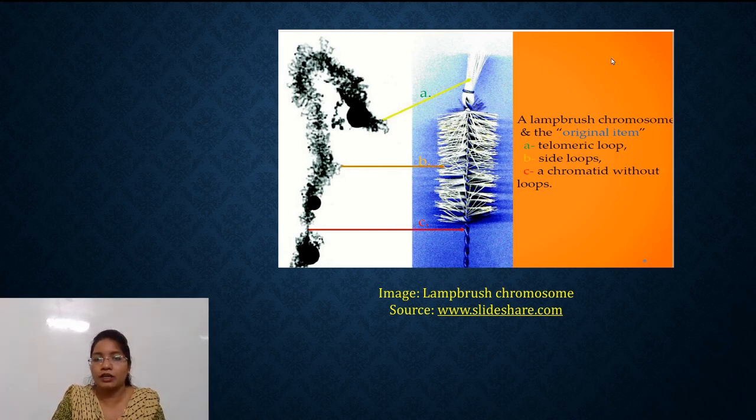Then the small b, these are the side loops, and the small c is the chromatid without loops. So this is a telomeric loop, these are the side loops and these are the chromatids without loops. Okay, this is also the structure of the Lampbrush chromosome.